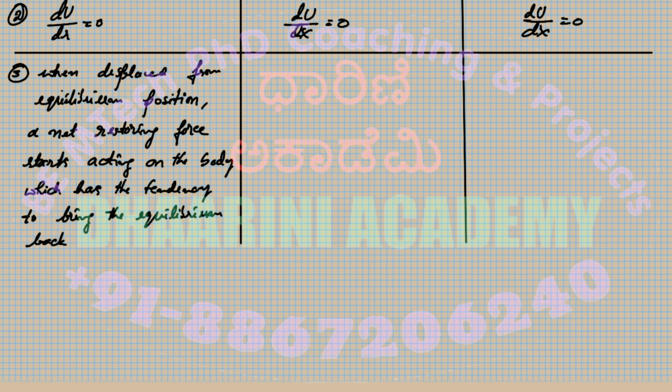It will never attain the equilibrium because it is trying to move the body away from the equilibrium. So it will never attain the equilibrium back. So that is the point.